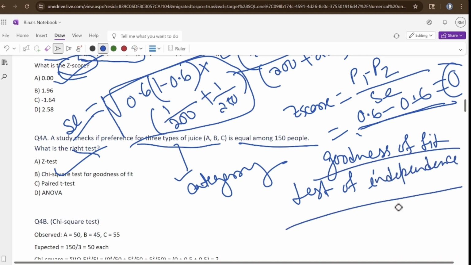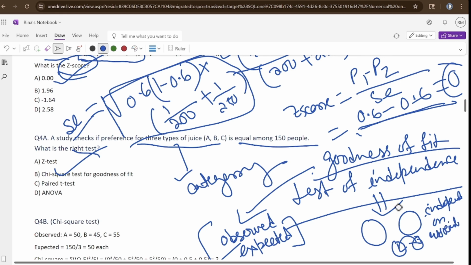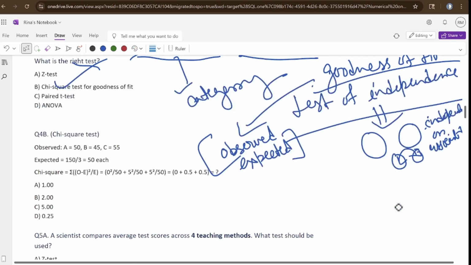Goodness of fit is used to check whether the observed frequency fits an expected frequency. So here you have observed frequency and expected frequency. But test of independence is used to check whether two categorical variables are independent or associated. Okay. So you just have to remember this thing. Independent or associated. Fine.